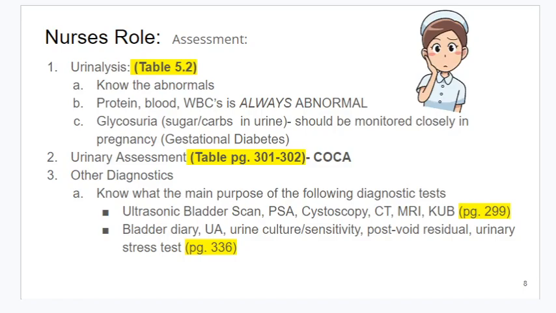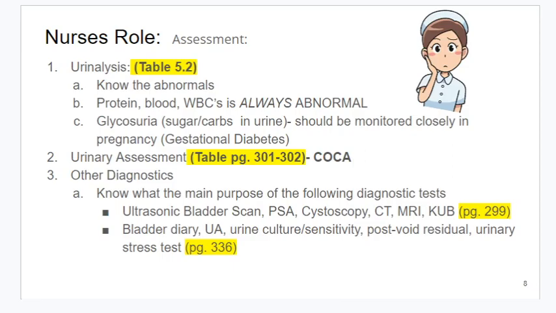So what is our nurse's role when we are talking about urinary elimination? So first is that assessment stage. So what are we expecting when we are wanting to assess an individual's elimination system? We can obviously get some data from some lab work, and that does include a urinalysis. I would be very familiar with table 5.2.